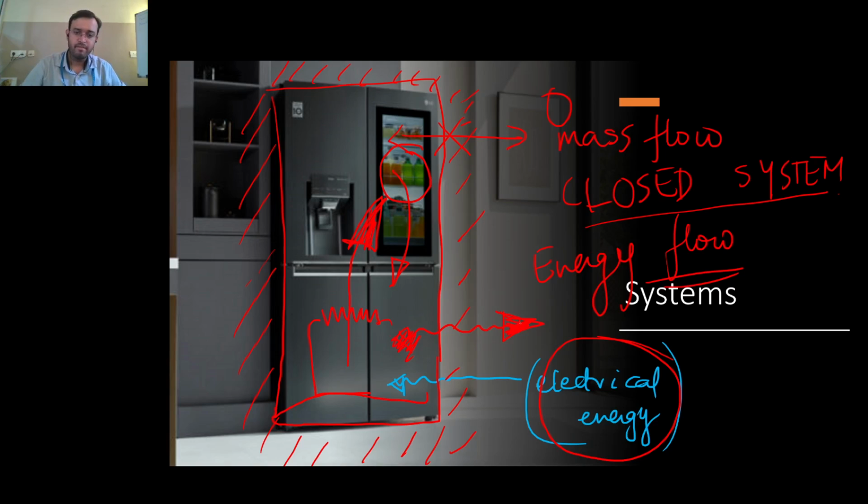Thus, there is electrical energy, that is electrical work, which is flowing across the boundary. However, there is no energy flow coming out of the boundary. In terms of heat loss, that is now zero. The heat loss to the surroundings is now zero. Why is the heat loss to the surroundings zero?